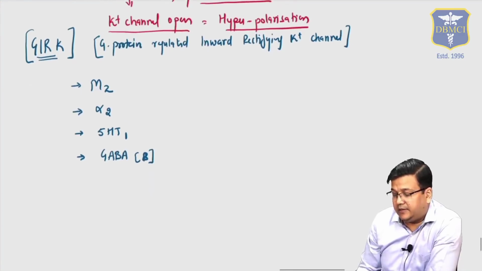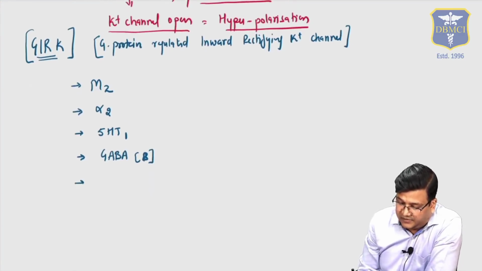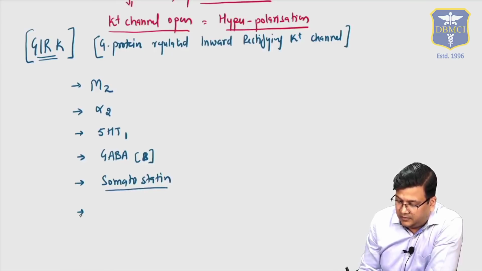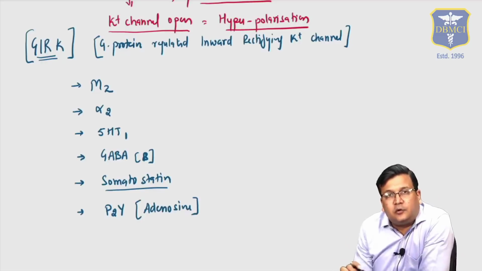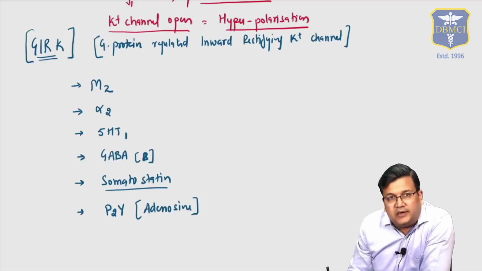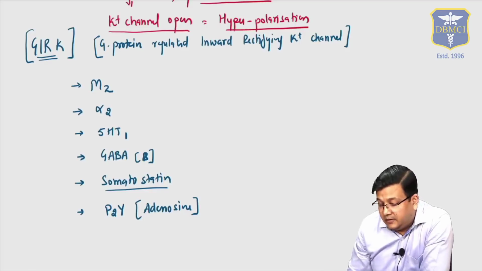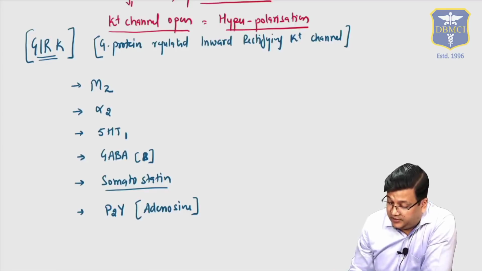Then we have some somatostatin receptors, then we have the P2Y. If you remember, they are adenosine receptors on platelets, ADP receptor antagonist drugs like clopidogrel we have discussed. So the P2Y type of receptors also have these G protein regulated inward rectifying potassium channels.